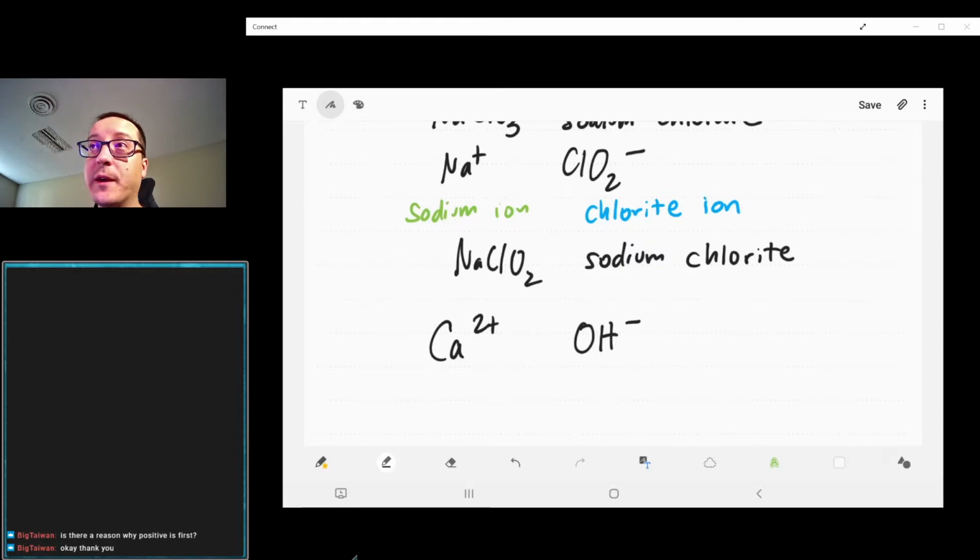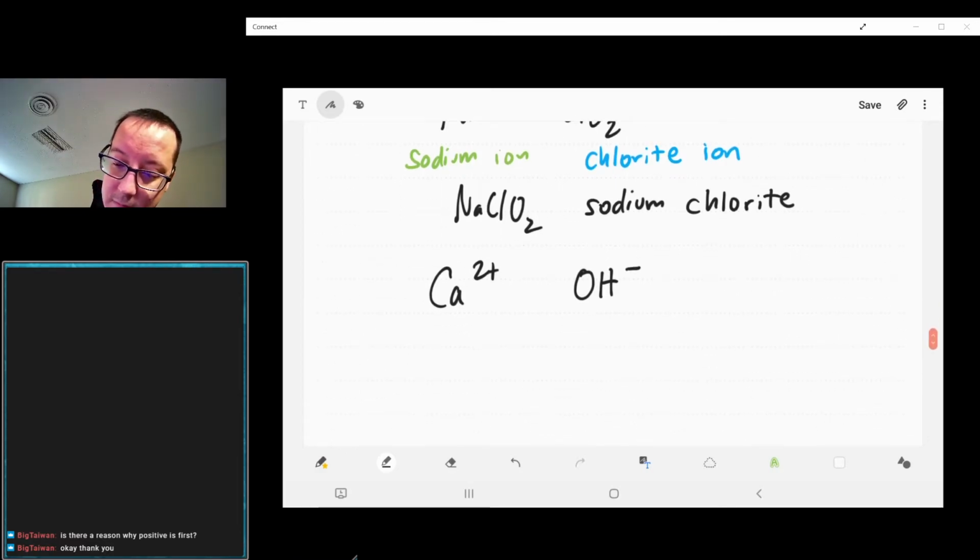Alright, if we are going to charge balance this, we can use the crisscross method, or we can use least common multiple. Either way, we'll see that we're going to end up with 2 hydroxides and 1 calcium. So we would want 2 hydroxides there to balance out the calcium.